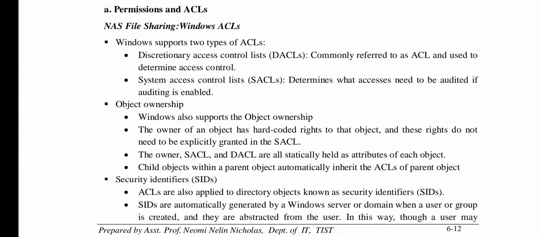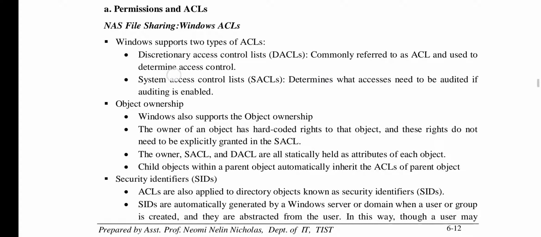In Windows, it supports two types of ACLs: DACL, the discretionary access control list, which is the normal ACL, and the SACL, the system access control list, which determines what accesses are to be audited if auditing is enabled.